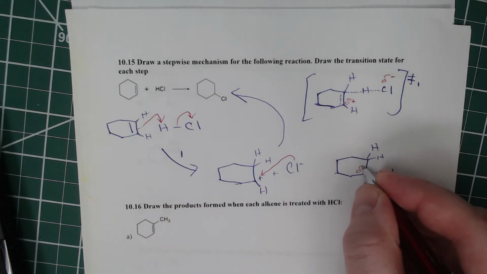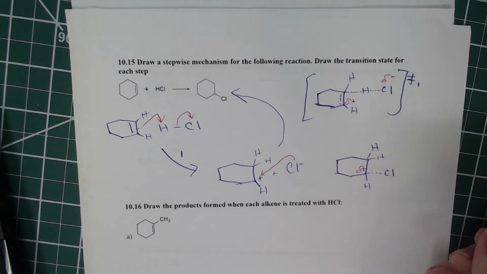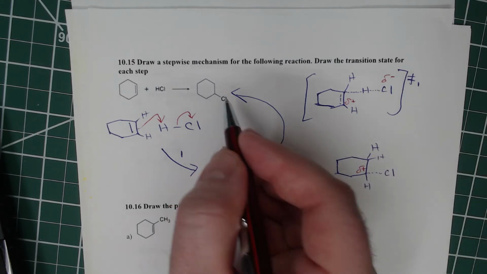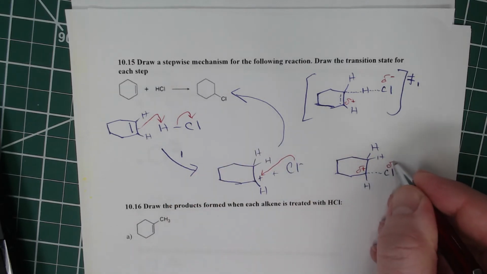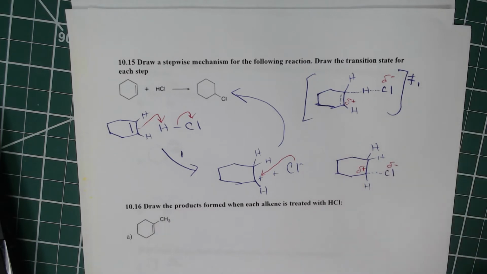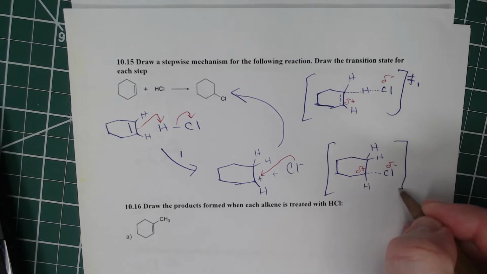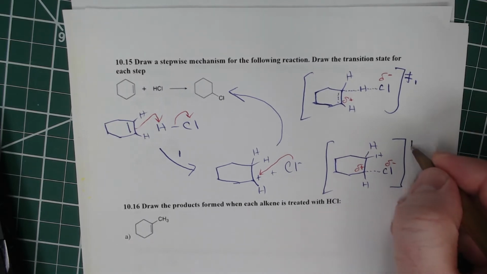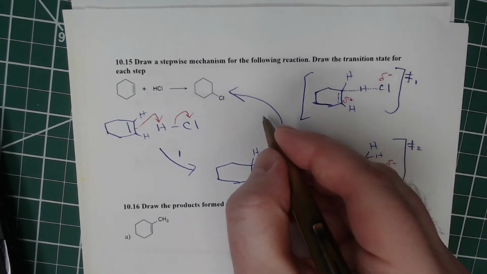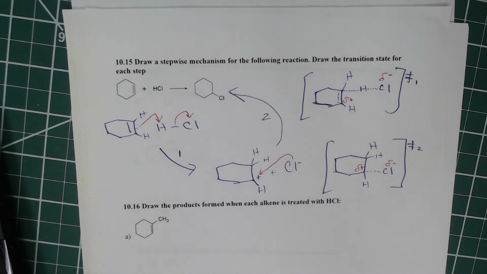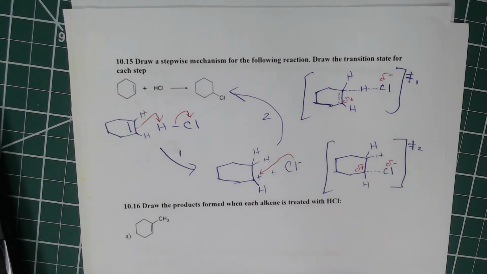So there will be a partial positive charge on that carbon. And negative here, no charge there. So there will be a partial negative charge on that chlorine. All right, we'll put the brackets around it and then put transition state 2, indicating our second step. All right, so that is the mechanism for electrophilic addition.